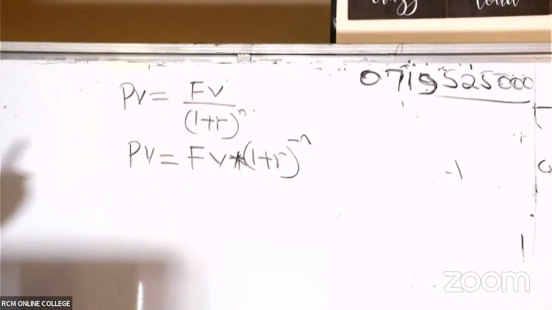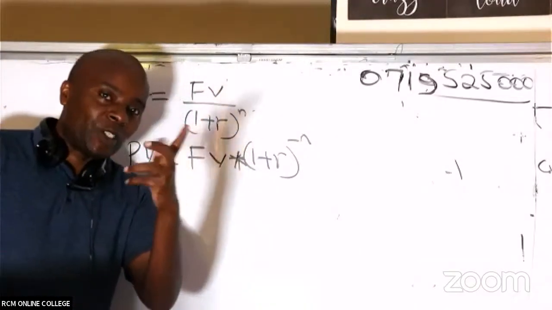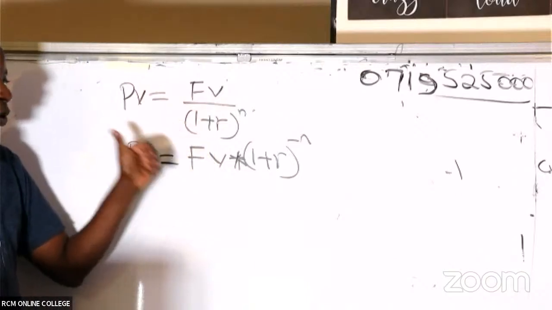I will say raised to negative n, because really there is a denominator, numerator interchange. So I have to introduce what we call bar 1.